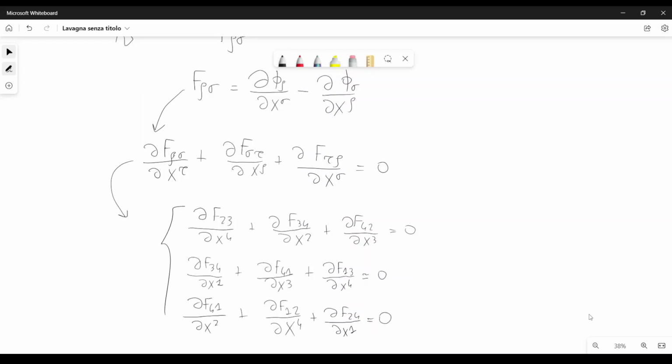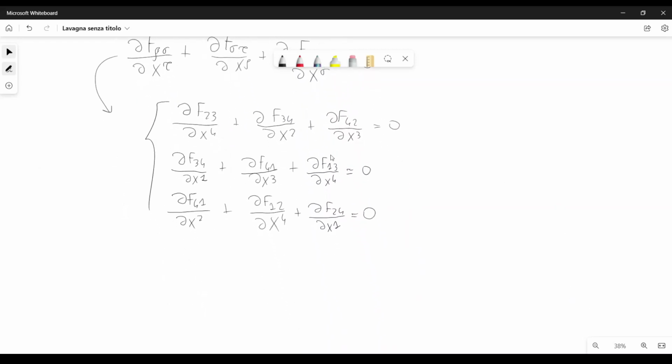Then you have one last equation here, df12 with respect to x3 plus df23 with respect to x1 plus df31 with respect to x2 equal to 0.